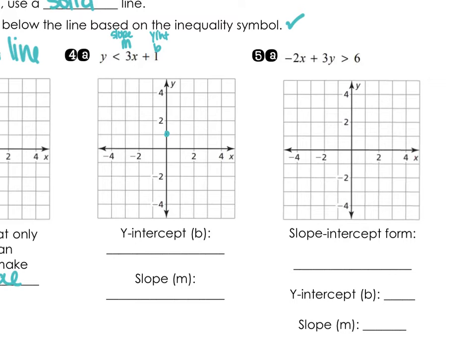So we start at 1, and our slope is 3, so we can put that over 1 if we want. That means we're going to go up 3 and right 1. Or remember, we can do the opposite as down 3, left 1, to fill up our whole graph. So try to fill your whole graph. You need at least 3 points.